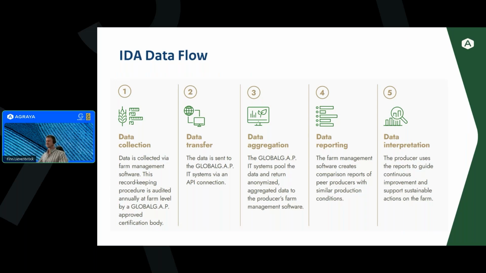This data is transferred to our IT systems via an API. In these IT systems, we aggregate the data and anonymize it in order to create reports. Those reports are then sent back to the farm management software, where the producers are able to view them and create value from their own data.